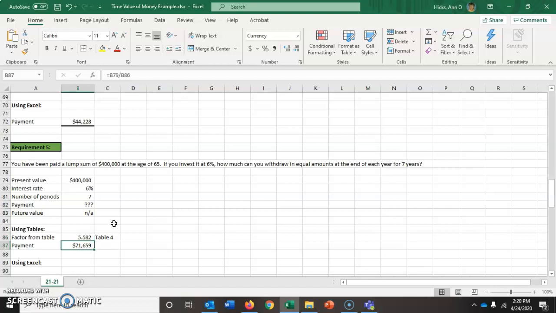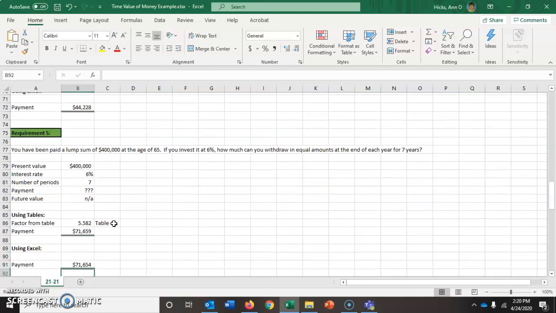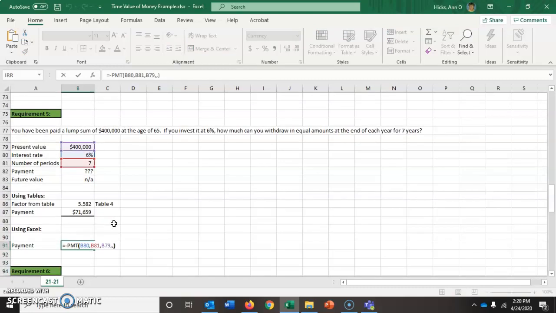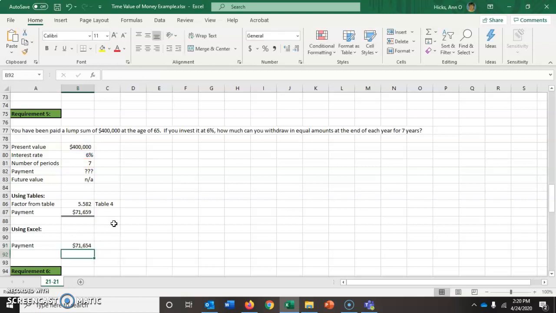Because we're solving for the payment, we will take the present value, divide it by that factor, and we will be able to withdraw $71,659 every year for 7 years. And again, we can do the same thing with Excel using the payment function, dropping in the rate, the number of periods, and the present value, and it gives us something very close.